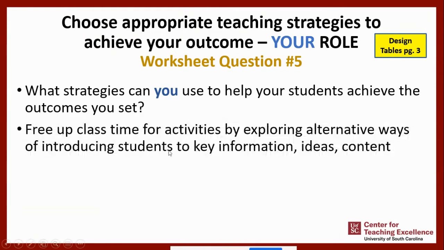Again, that's backwards design. You want to have the time for the activities in class. Think about, instead of you just giving information, how else students can get that key information, the content and ideas you want them to get for those activities.